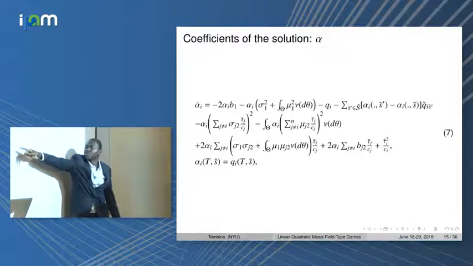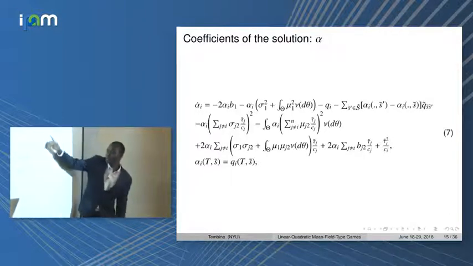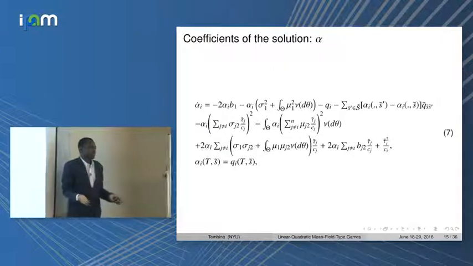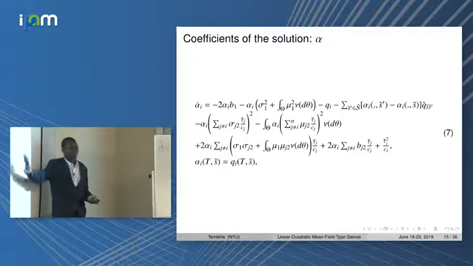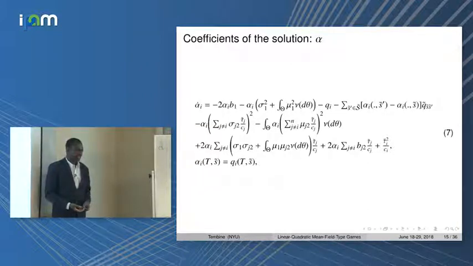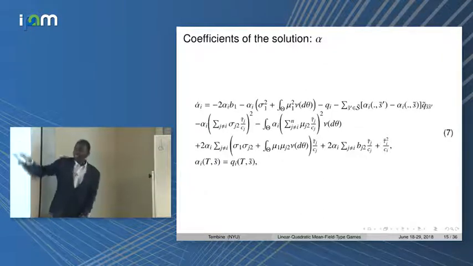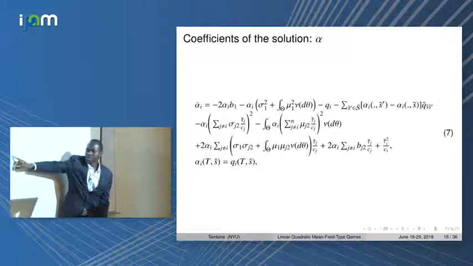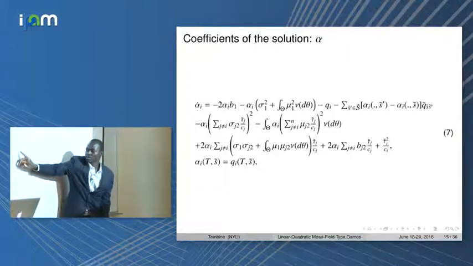It's a completely trivial thing. It's C1 around the terminal time. So there is a solution around capital T. But it doesn't tell you that it will not blow up. When this tau is linear, then you get a quadratic equation in alpha.